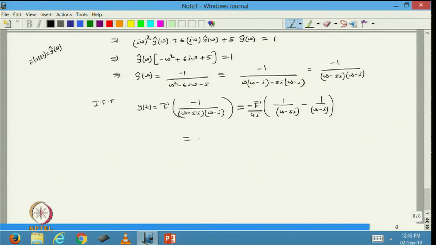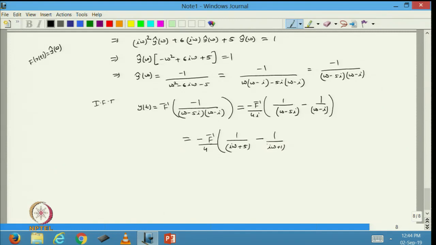So, from here I can write that this will be equal to minus of F inverse, and this 4I I can take inside. So, I can take just 4 here. So, this one can be written as, I am just taking the I inside, it will be I omega plus 5, minus I omega minus I square.